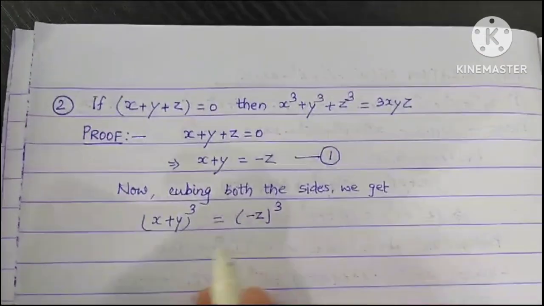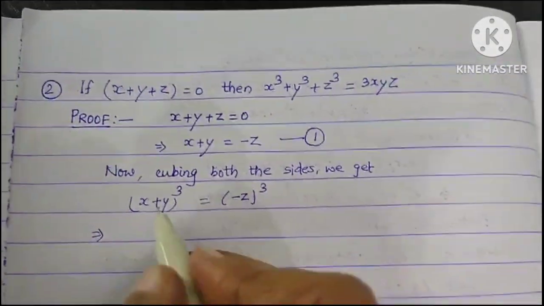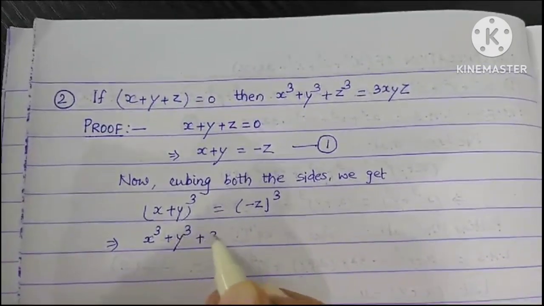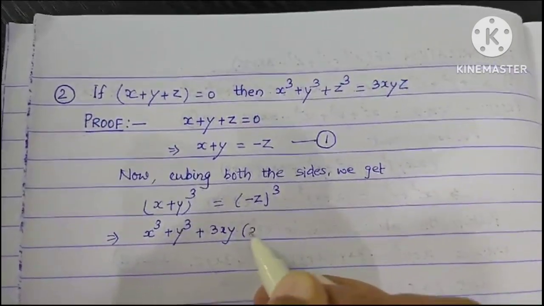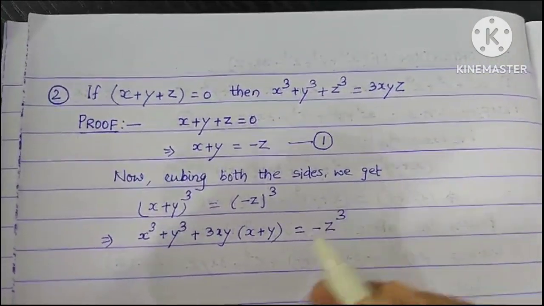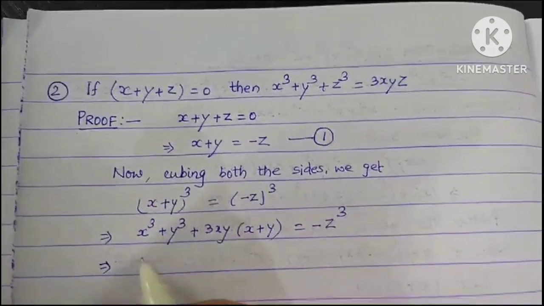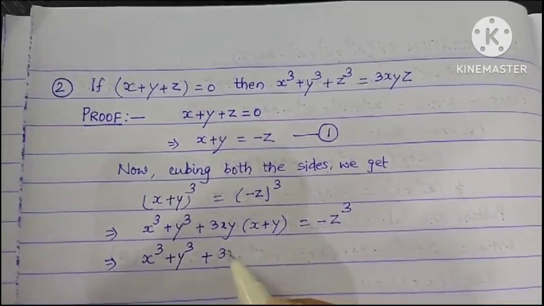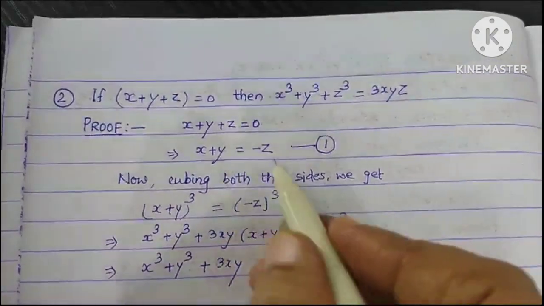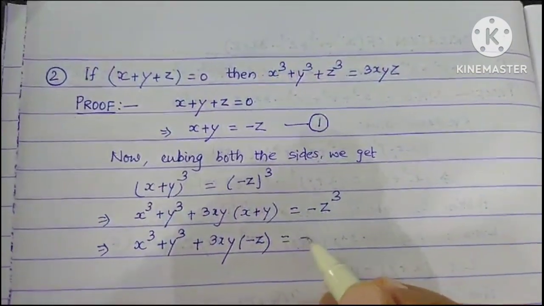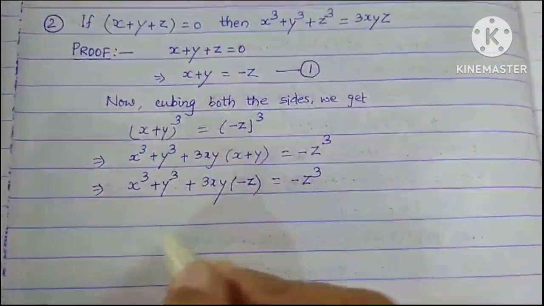So what is its factorization? x plus y whole cube is x cube plus y cube plus 3xy multiplied by x plus y, and here it will be minus z cube. So this implies x cube plus y cube plus 3xy, and x plus y is minus z, from equation 1, that is equal to minus of z cube.